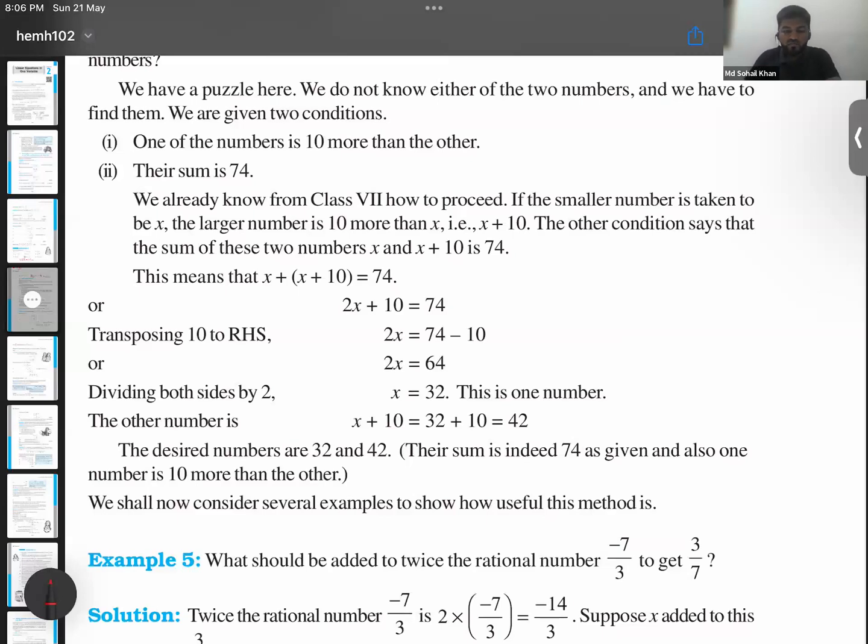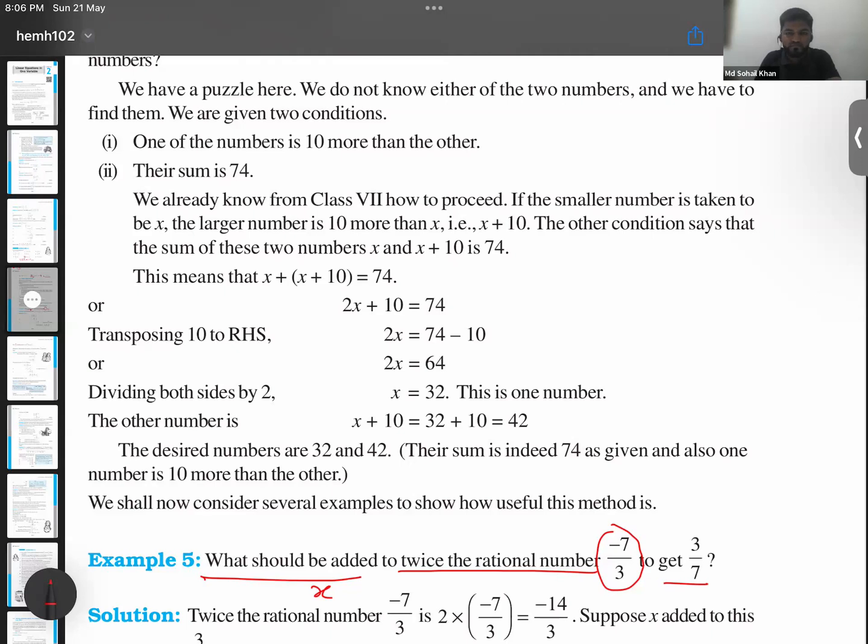The number which has to be added, let's take that to be x. Now follow the question. The question basically asks you to find that value which when added to twice of minus 7 upon 3 gives you 3 upon 7. Shall I explain or will you be able to solve this?